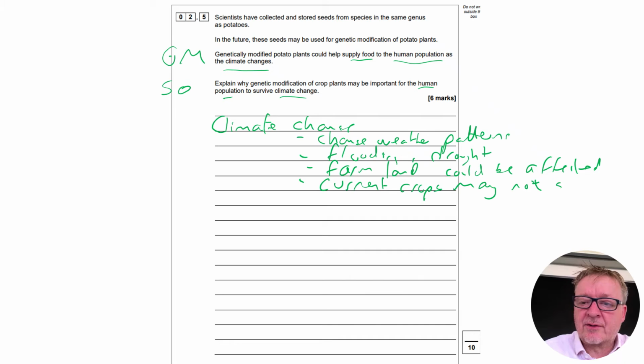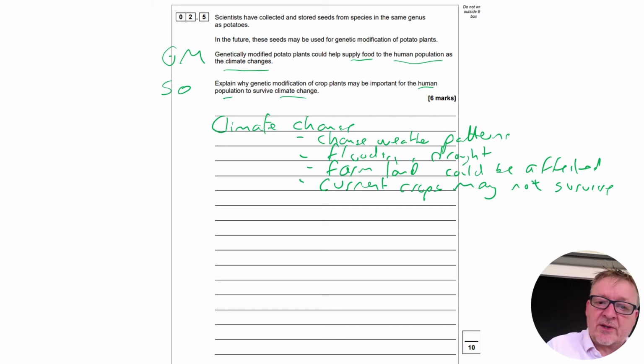So the crops that we've now got might not be able to survive as the climate in the UK or wherever in the world changes. It could become drier, it could become wetter, and they may not be adapted for it.